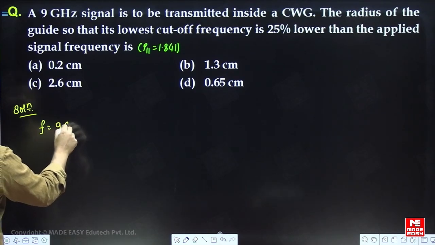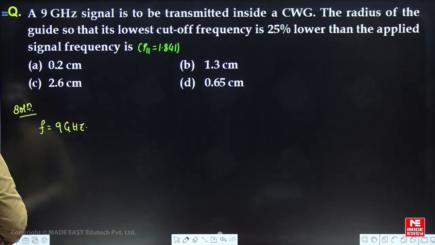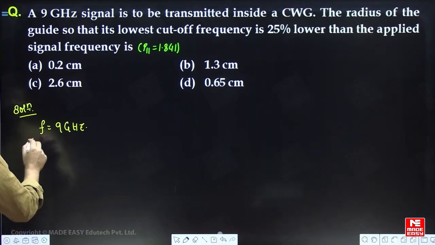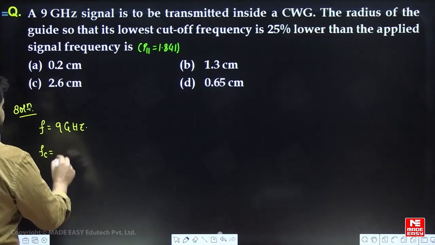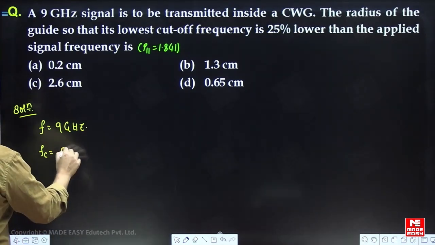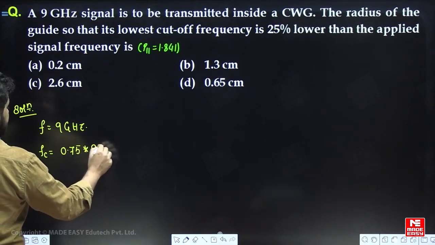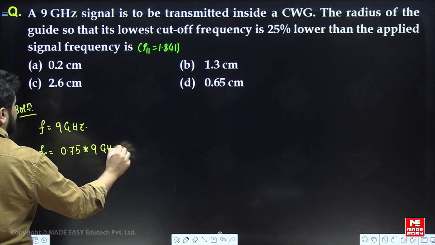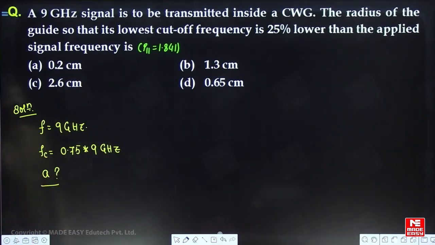It is 9 gigahertz. The radius of the guide so that its lowest cutoff frequency is 25% lower than, that means it is 0.75 times the signal frequency of 9 gigahertz. Then they are asking what is the A, right? So the radius of the guide.